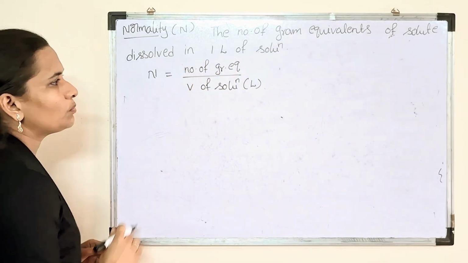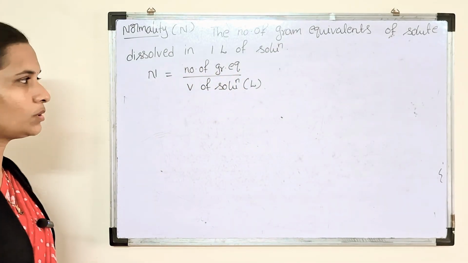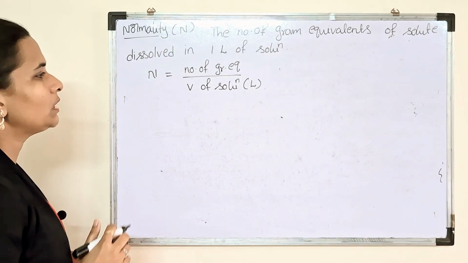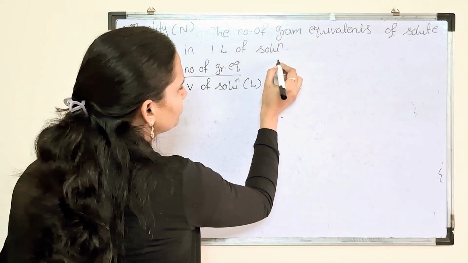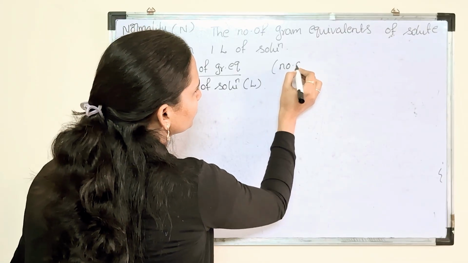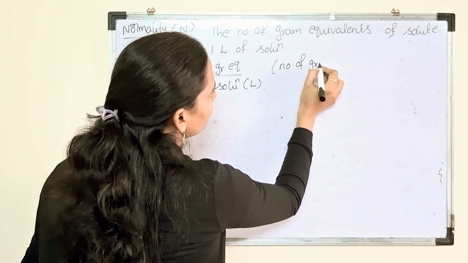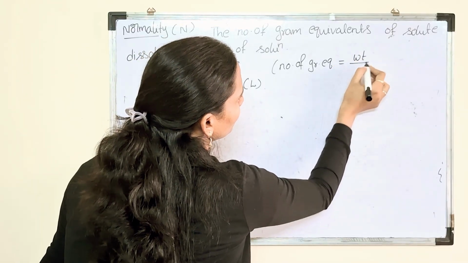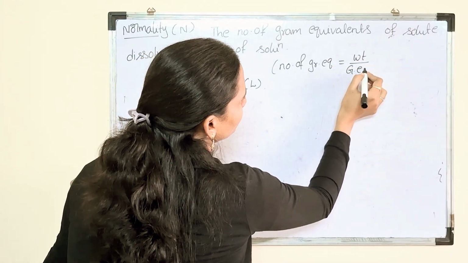Now, how do we calculate the number of gram equivalents? The number of moles is calculated as weight by gram molecular weight. Here, the number of gram equivalents is equal to weight by gram equivalent weight.